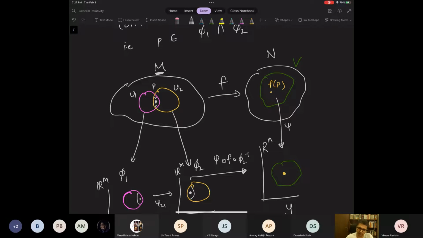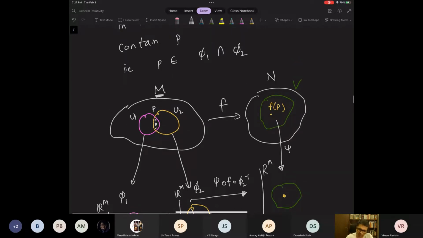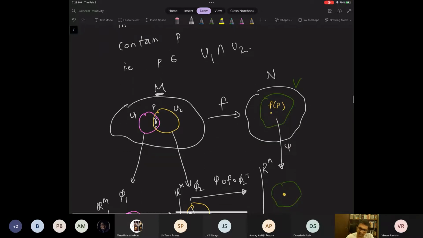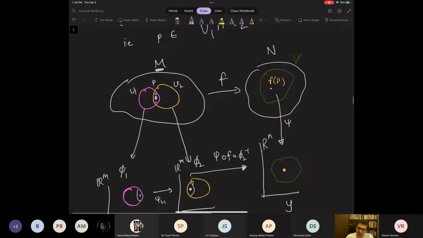So P belongs to the intersection of U1 and U2, which are two open sets in the atlas of M that contain P. N is this other manifold, and f is a map which takes us from the point P to f of P. This map f obviously doesn't care about which coordinate chart you're using. You can use chart U1 or chart U2, but you're still talking about the same point P in the overlap region, and under f it always goes to the same point f of P.